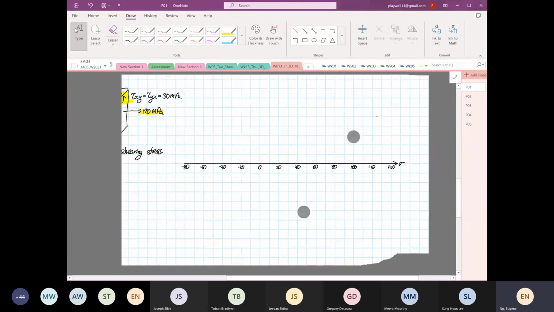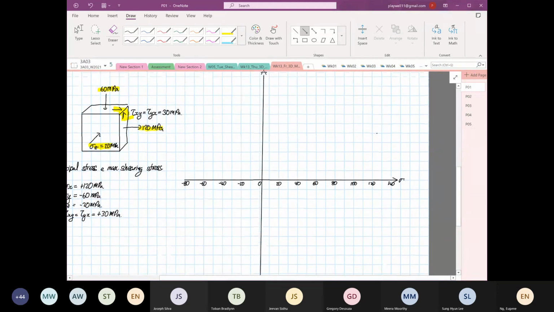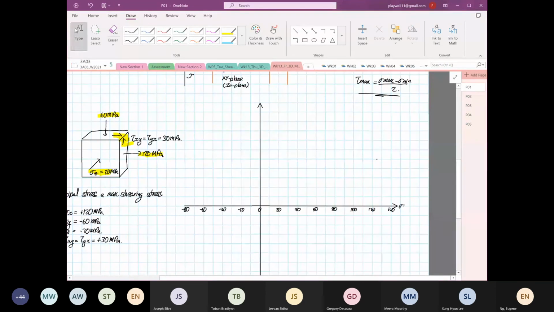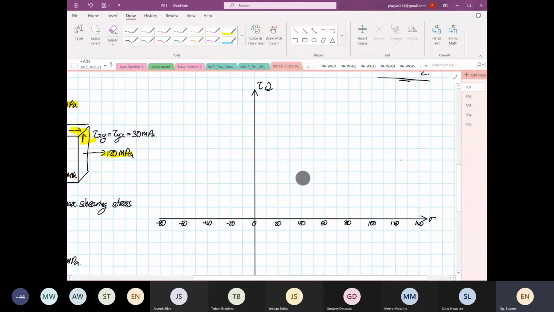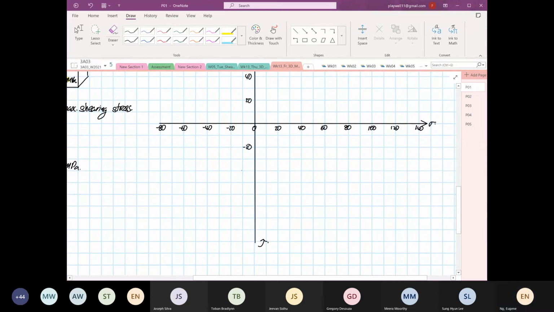This is the normal stress axis, and then we have our shearing stress axis, with element rotation clockwise and counterclockwise. I'm going to label 20, 40, 60, 80, 100, and minus 20, minus 40, minus 60, minus 80, minus 100.